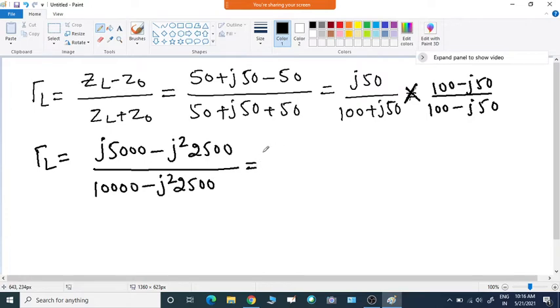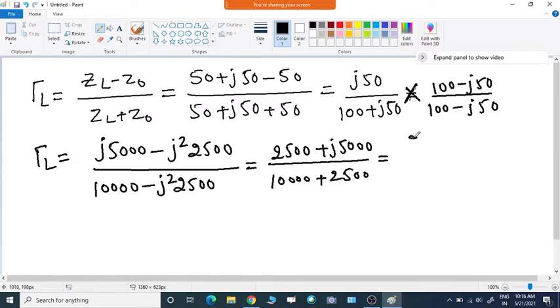J square is minus 1, minus into minus becomes plus, so 2500 plus j5000, divided by 10,000 plus 2500. This will give 2500 by 12,500 plus j5000 divided by 12,500.